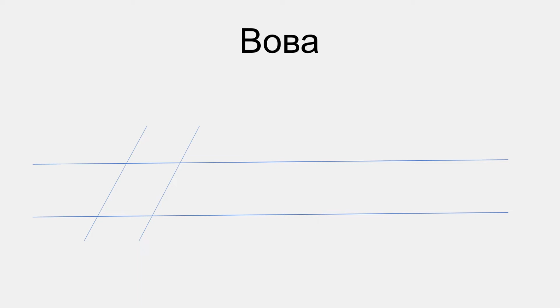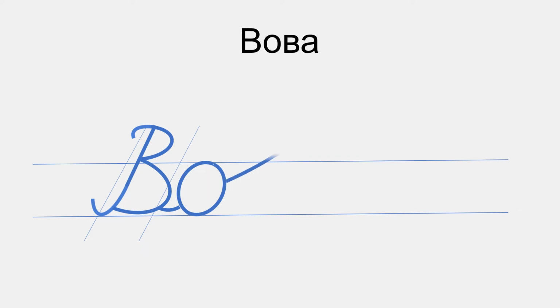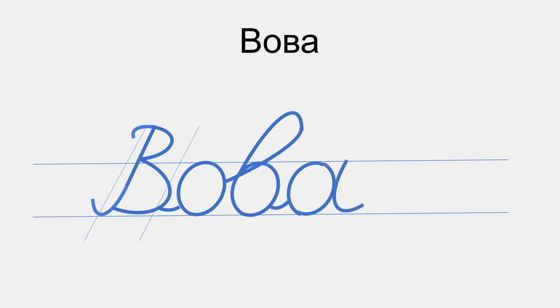And you have to keep in mind that this is not B, but V. Okay, so we start with capitalized V. This is our movement, 1, 2. Then we put a connector, oval as O. And then we write lowercase v again, something like that. Connector, and we finish with a, Vova.